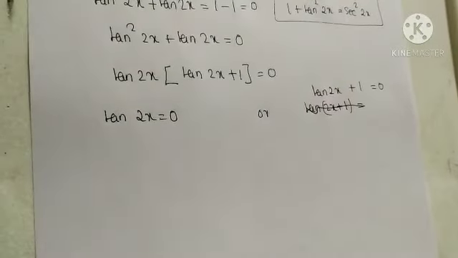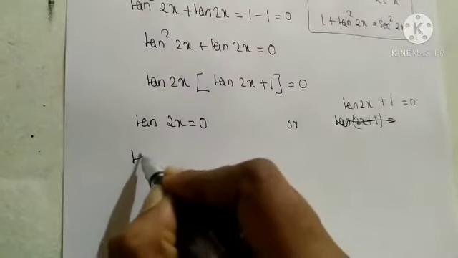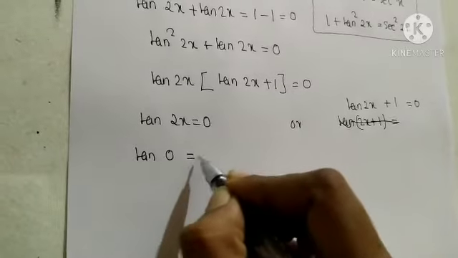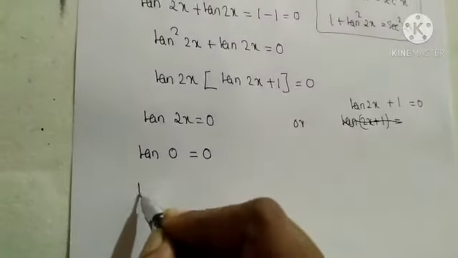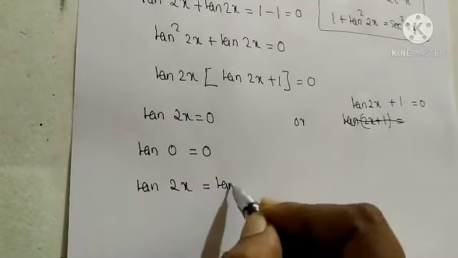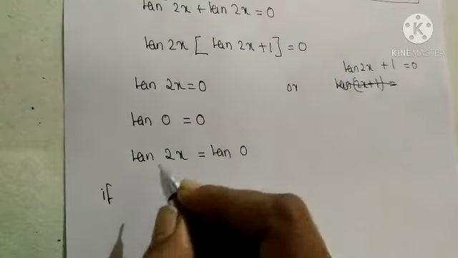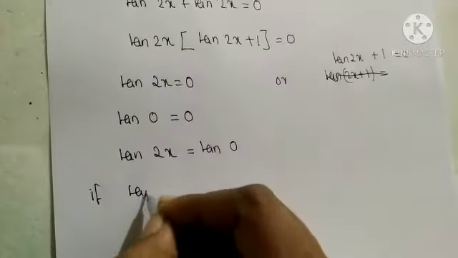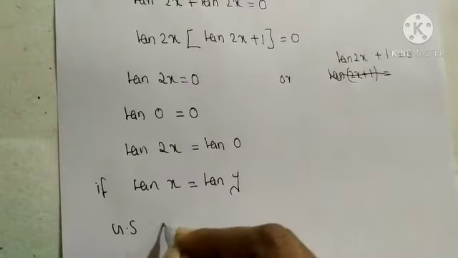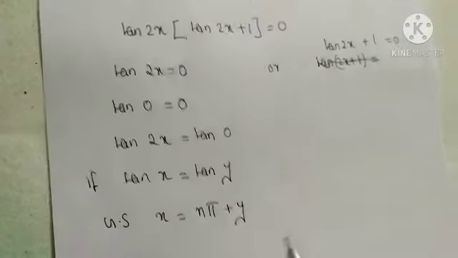Okay, next, we know that tan 0 is equal to 0. So I am going to equate tan 2x is equal to tan 0. In the general solution case, if tan x equal to tan y, the general solution is x equal to n pi plus y.